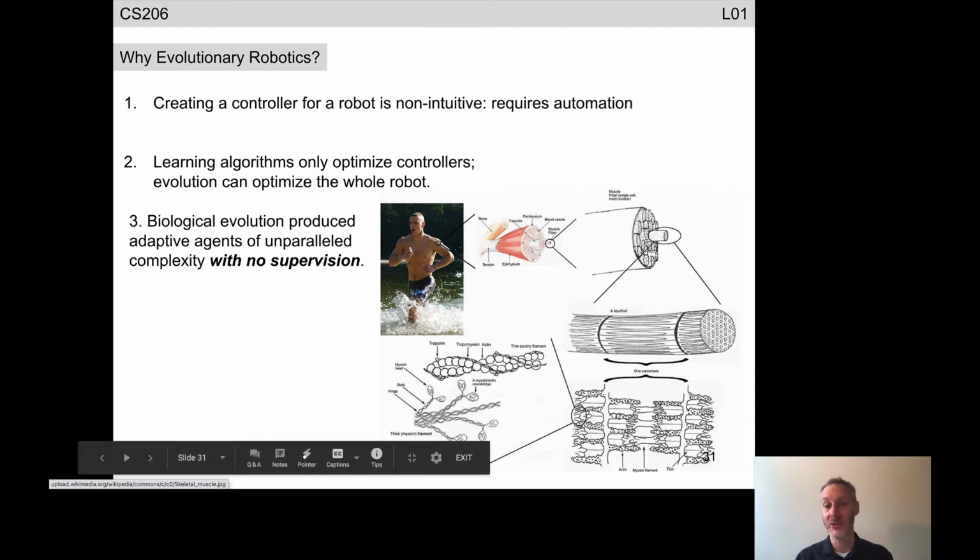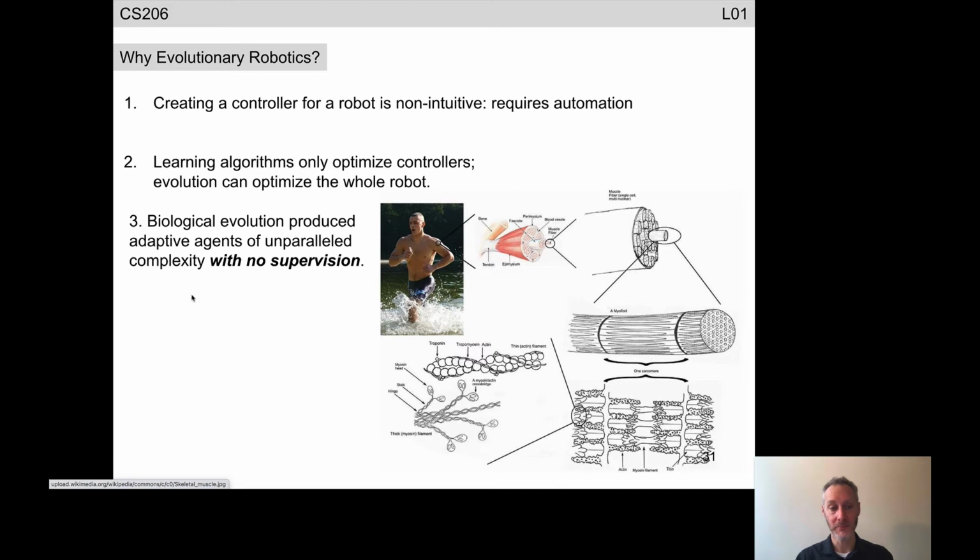As far as we know, there's no one remote controlling us, with no supervision. So if biological evolution can produce intelligent machines, us, why can't artificial evolution produce intelligent machines, robots? Okay.